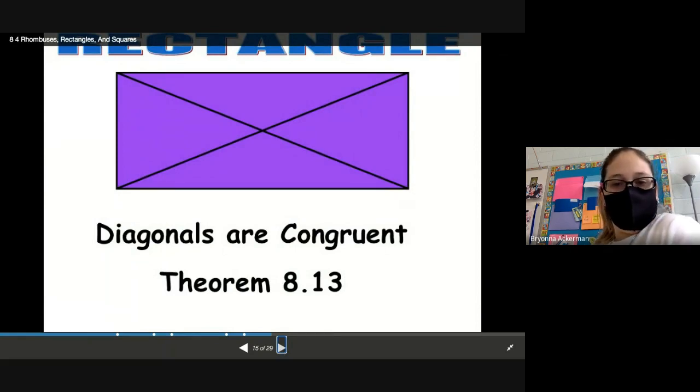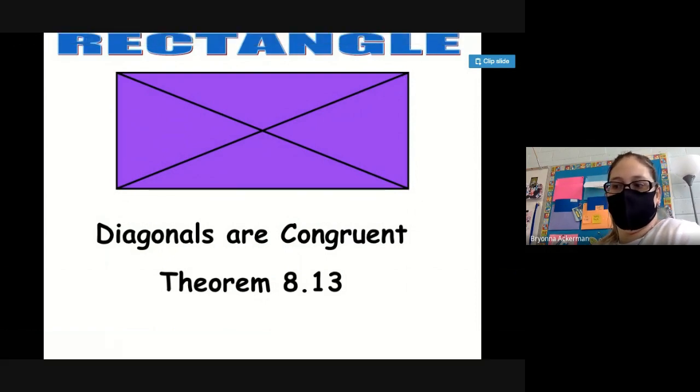What's interesting about the diagonals for a rectangle is they are congruent. So the entire diagonal, let's say this diagonal was 20, the other diagonal would also be 20. So the diagonals themselves are congruent to each other. That's number 3 on your tree diagram. Diagonals are congruent.